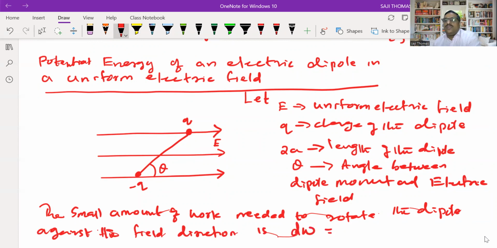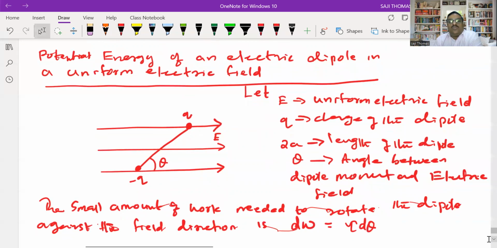What is the equation for work in rotational dynamics? Tau into d theta. And we already know the equation for torque.